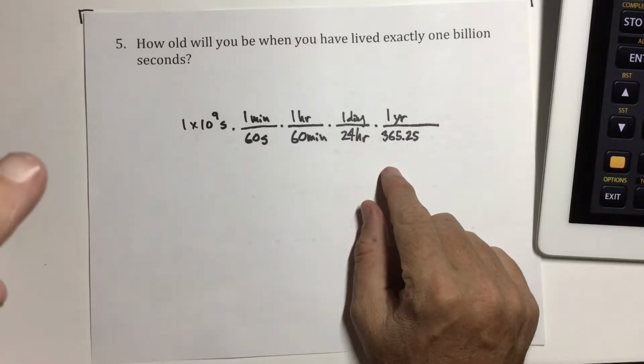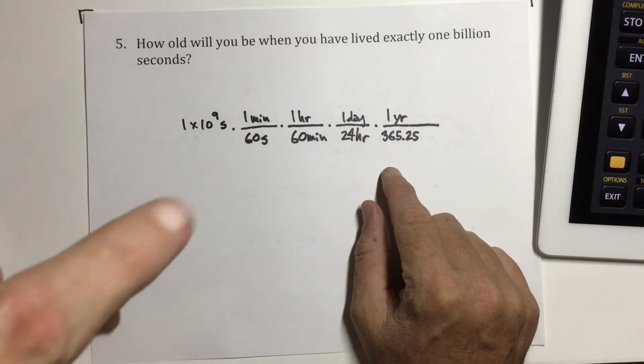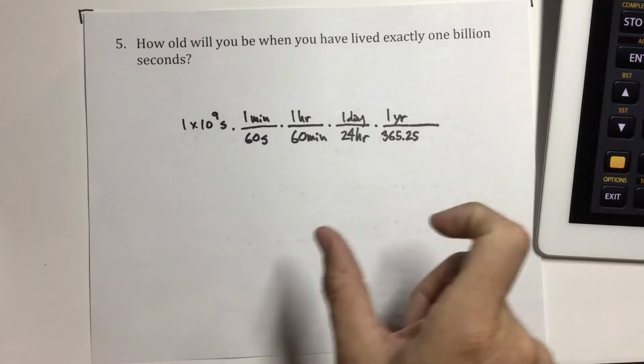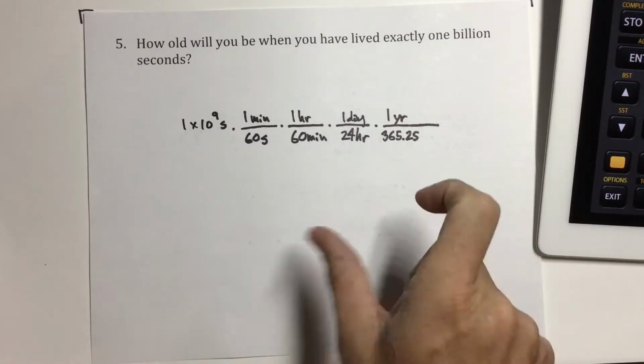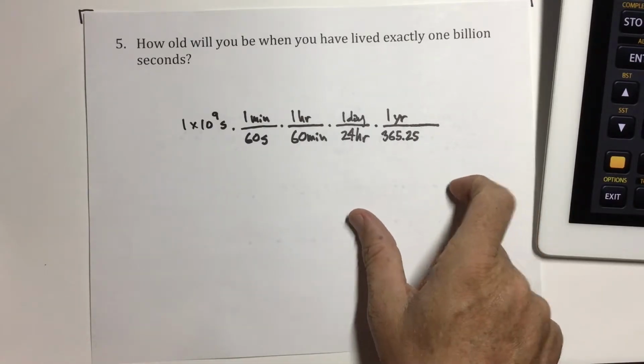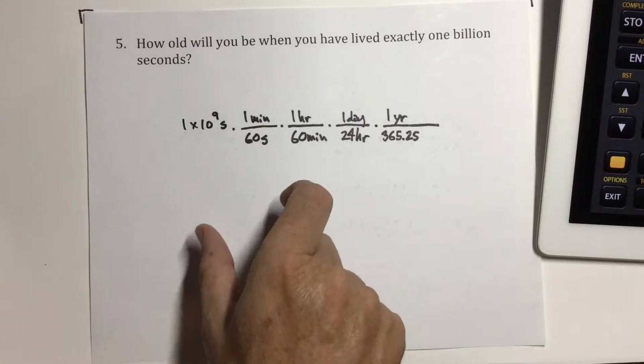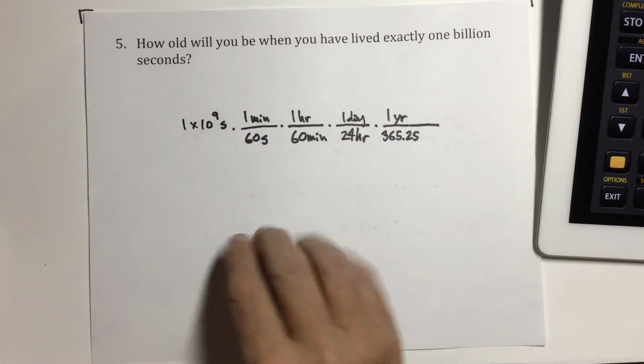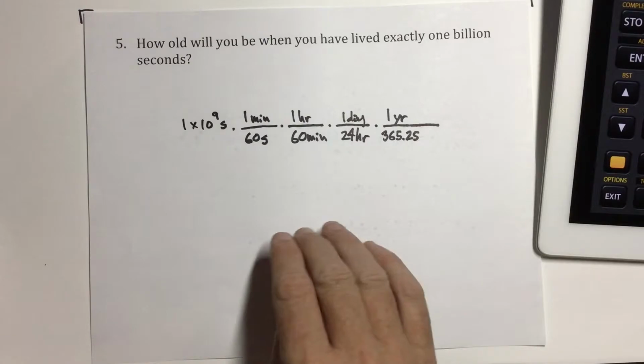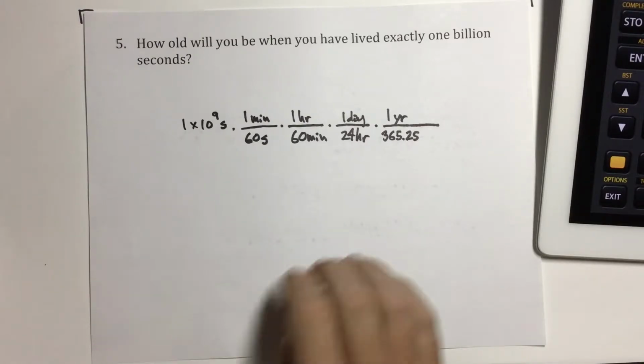We celebrate an extra day every 400 years. So century years do not have a leap year unless they're divisible by 400 rather than 4.